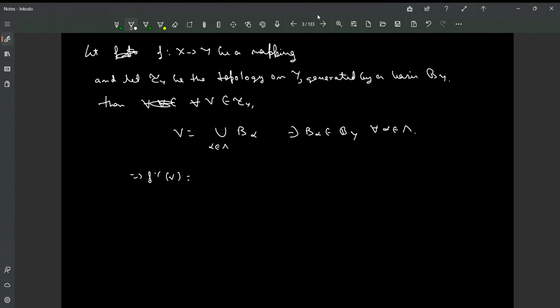But what is f inverse V then? f inverse V is simply the union of the f inverse of each of these B alphas, so it's the union over alpha in Lambda of f inverse of B alpha, right?